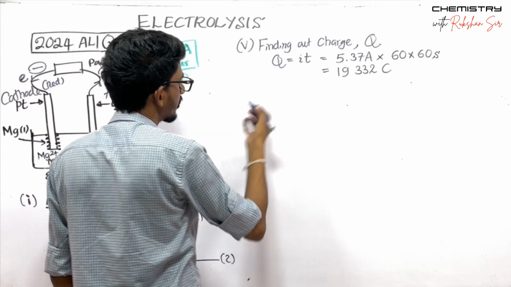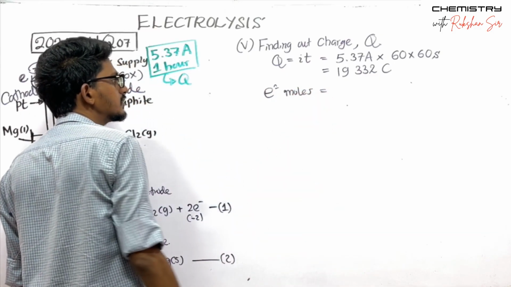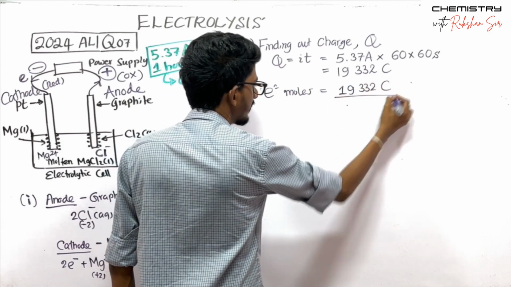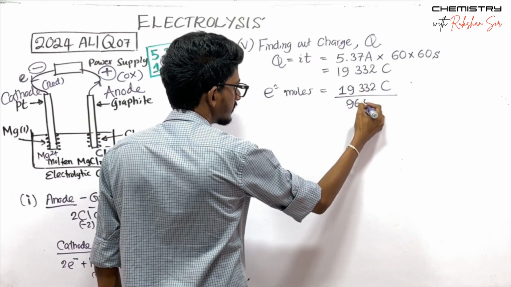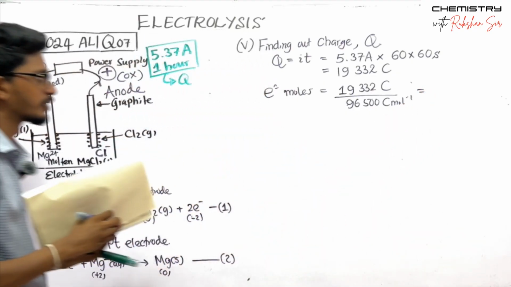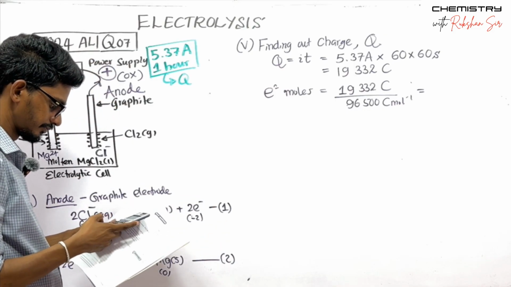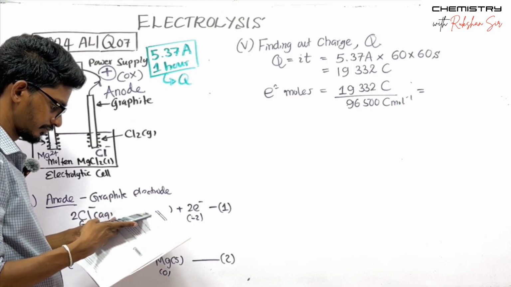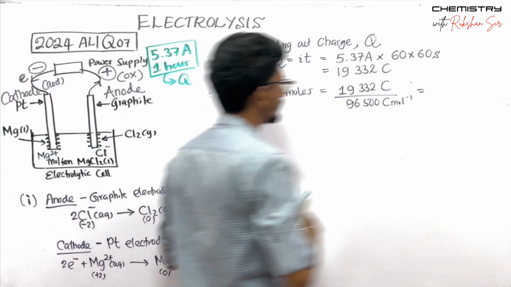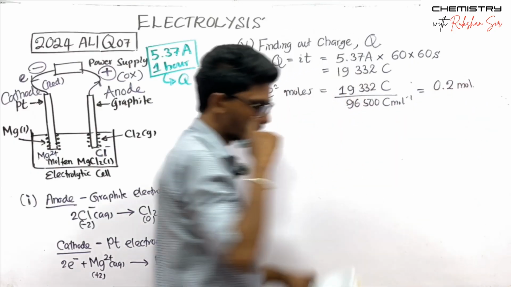So the amount of moles of electrons is equal to that amount of coulombs divided by the Faraday's constant. That gives you the moles of electrons, 0.2 moles.